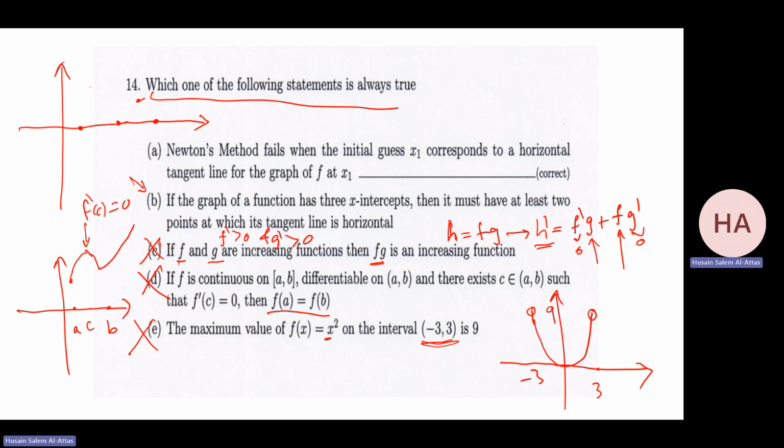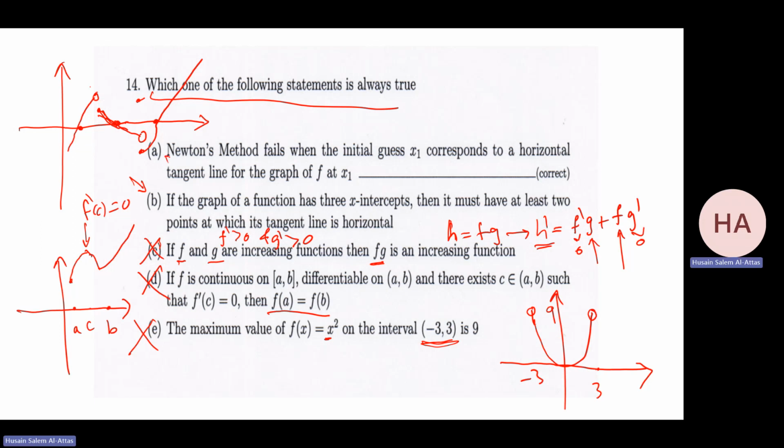Actually, the function should pass through these points. So it will pass through this, then stop here, then start from here, touch this, stop here, start from here, and do something like this. So it has 3 intercepts, but it does not have a horizontal tangent line, or at least 2 points. Actually, there is no point where a tangent line is horizontal, because there is no continuity.